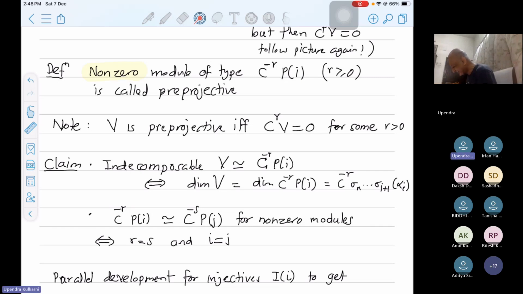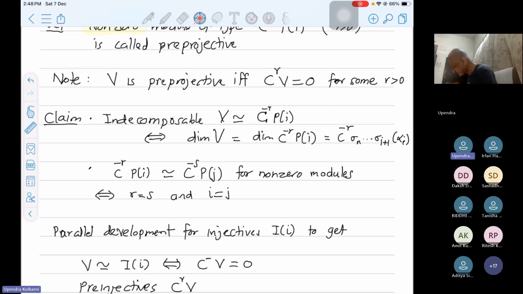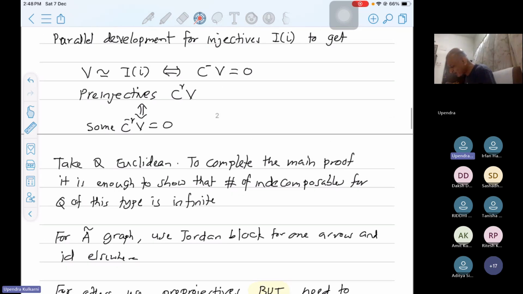However, there is one problem here, which Amit pointed out yesterday, and I had not realized this. We have to know that these modules are non-zero. Otherwise, this doesn't work. So how do I know that these modules are non-zero?